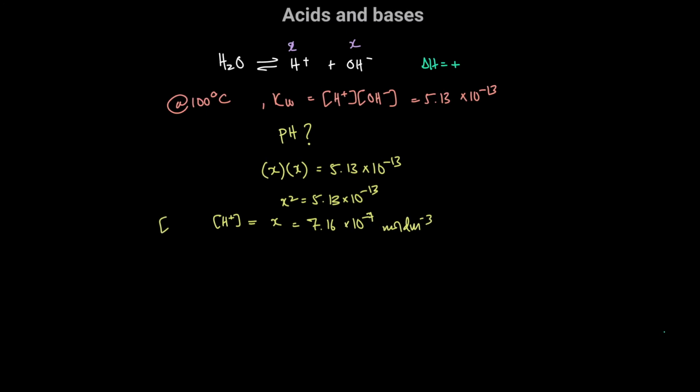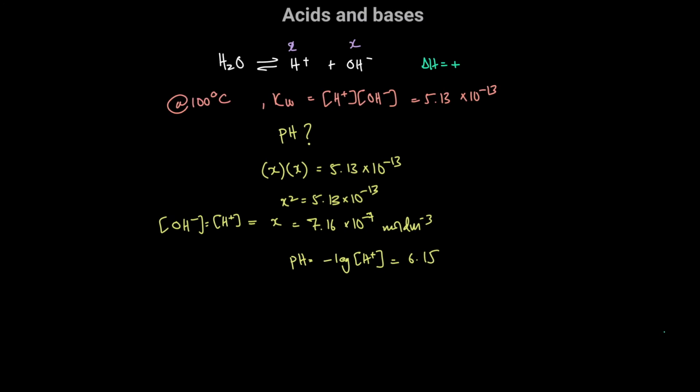This is obviously equal to the concentration of OH- ions as well. So the pH is equal to the minus log of the concentration of H+ ions. That's how we define pH, and that is equal to 6.15.